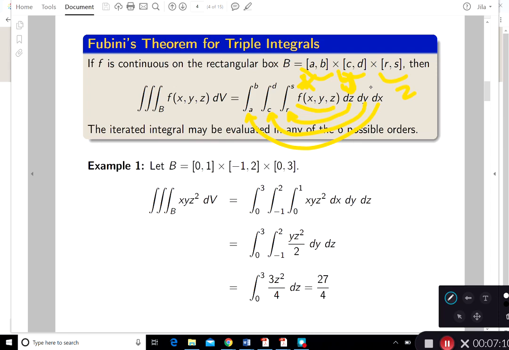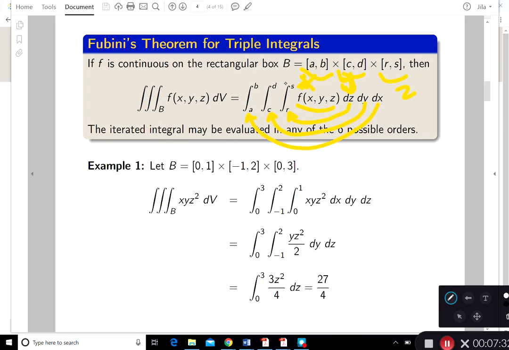So the innermost variable is going to be correlated with the innermost iterated integral, the second innermost with the second inner integral, and the outer integral is going to be with the outer variable.